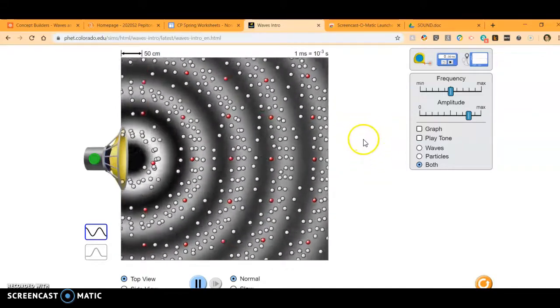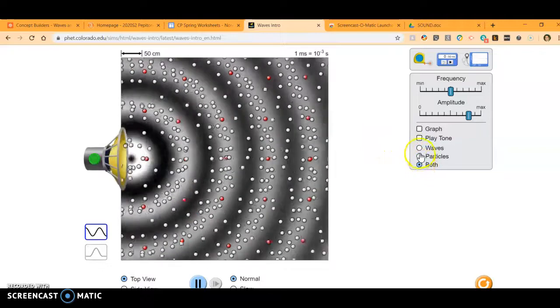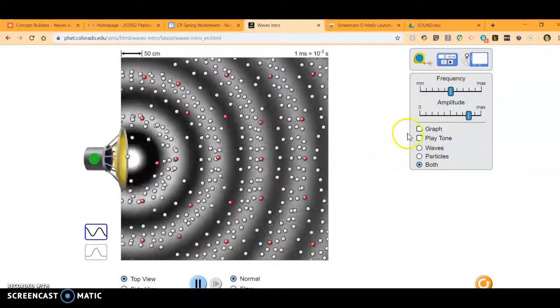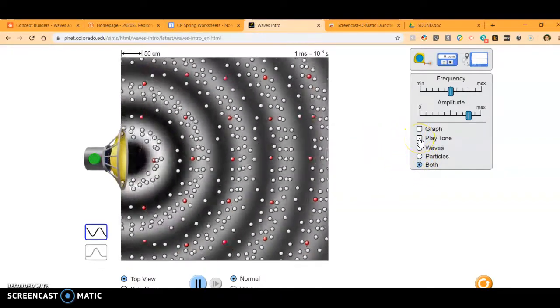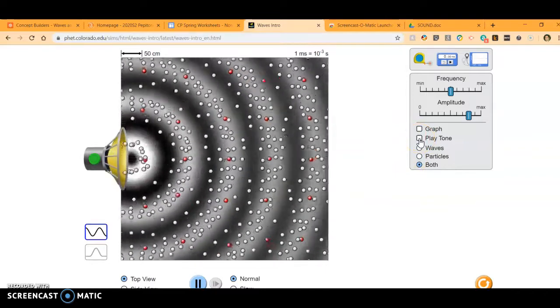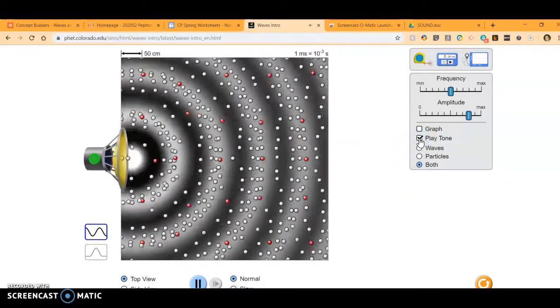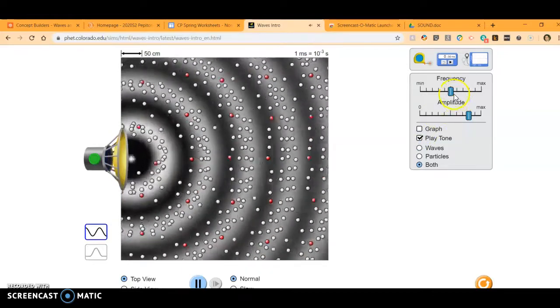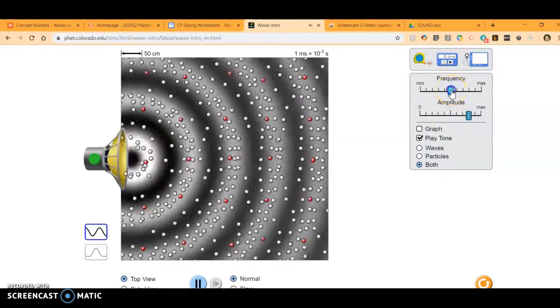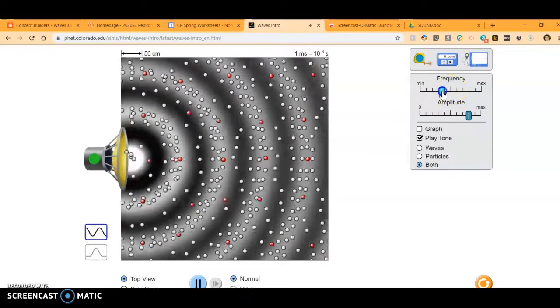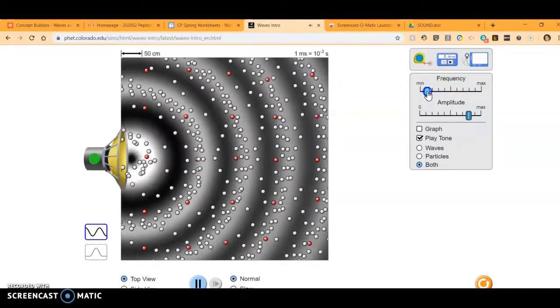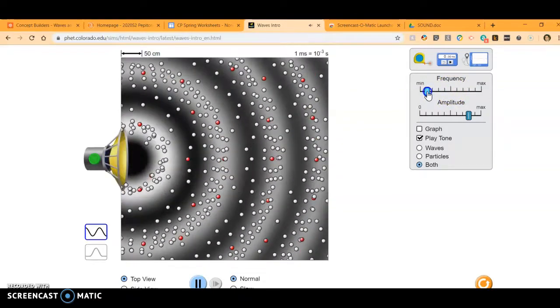Now the next thing that we're going to play with here is you see both particles and waves, which we'll want to see, and then you can play the tone. This should record what tone you have based on what frequency you have. So low frequency tones are low notes.